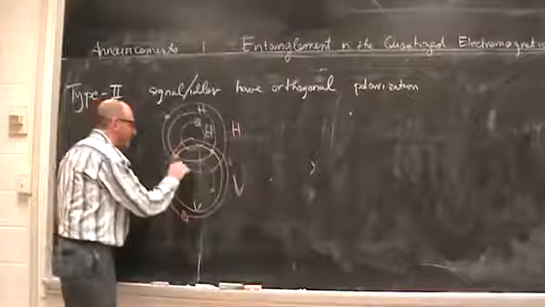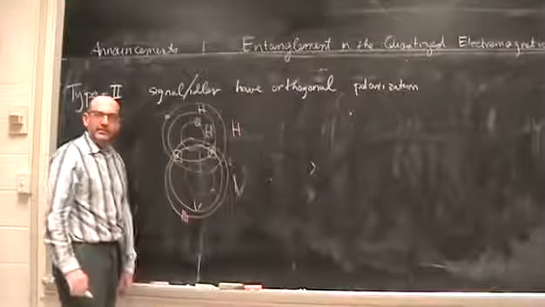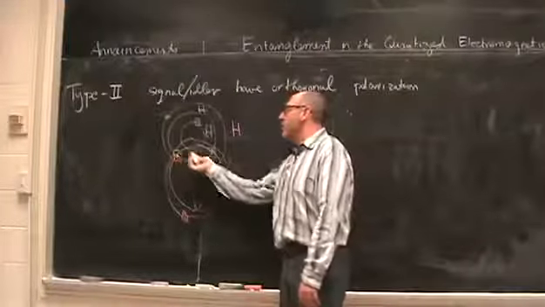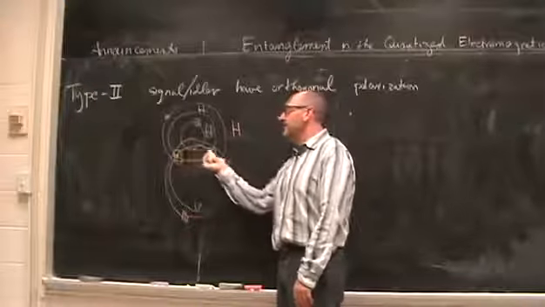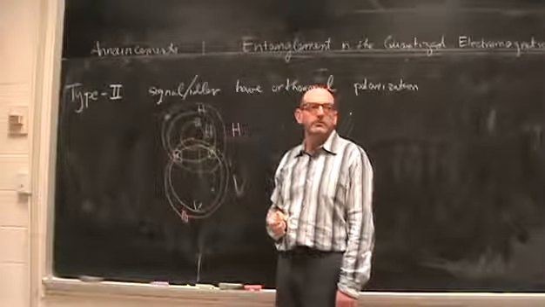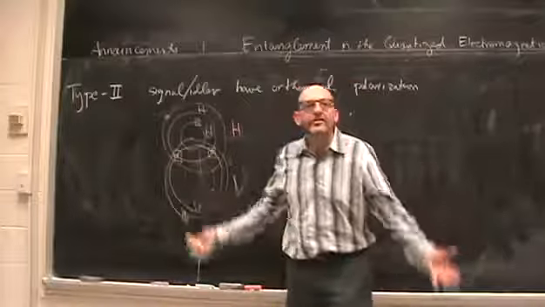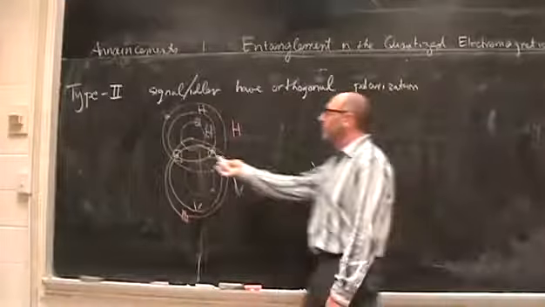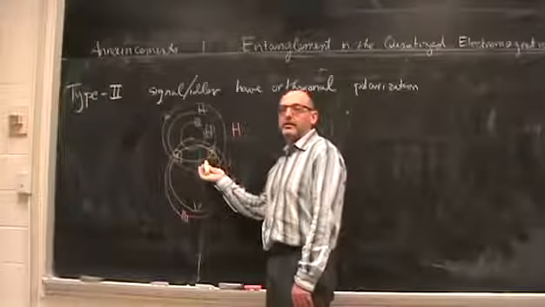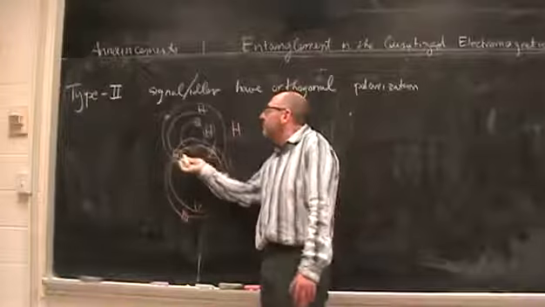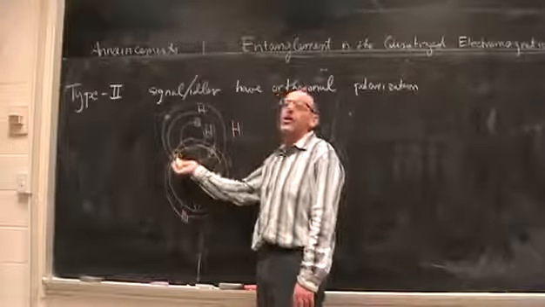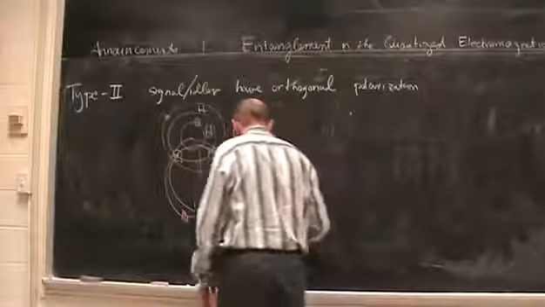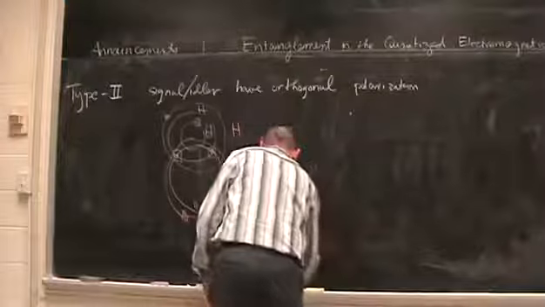Particularly if I put my apertures here, then for the state that I produce, there's no information about which polarization state those photons are in. If I trace over the momentum of the photons, it's fine. The momentum is not entangled with the polarization. So the state that I get out of this is a polarization entangled state.